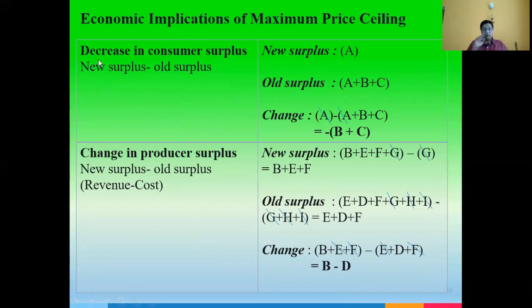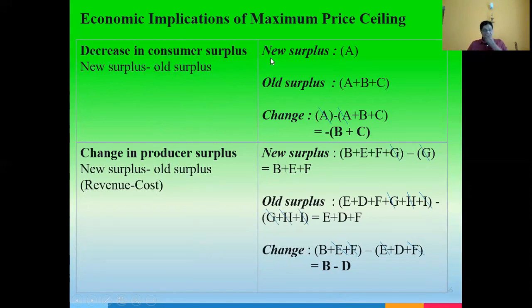First, I would like to explain decrease in consumer surplus. That is the difference between new consumer surplus and old consumer surplus. The difference between new and old is the decrease in consumer surplus.